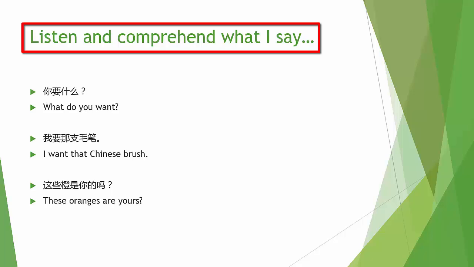Okay, the next one is 他要2万元. 他要2万元. Okay, so I just said this. It means he wants 20,000 yuan.